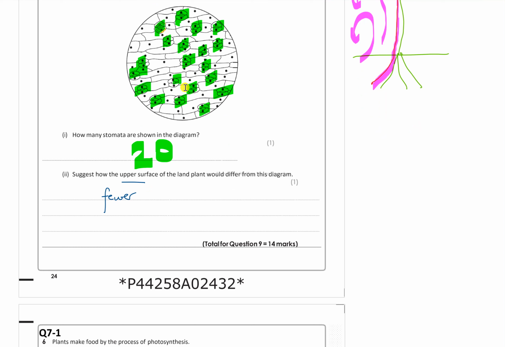So this is the lower surface of a land plant. The upper surface of a land plant would contain fewer stomata.